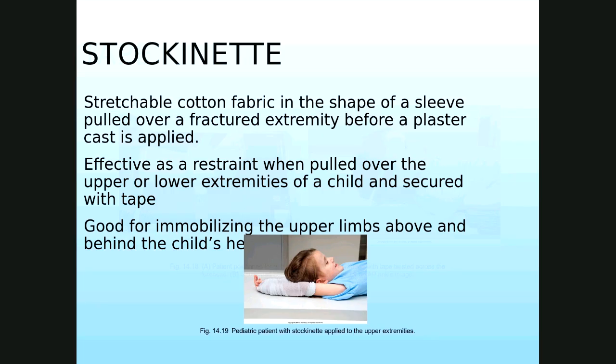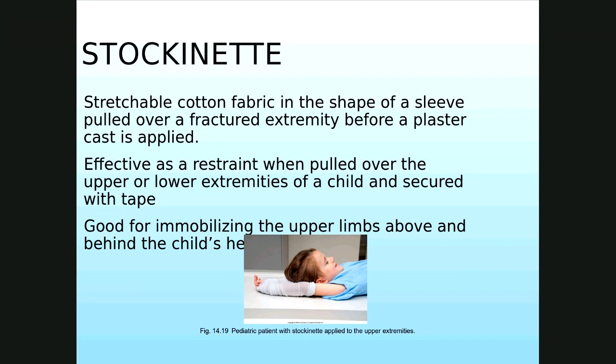On that same page 162, you will see in 14.19 the stockinette. Now this is a stretchable fabric that is shaped like a sleeve that goes over typically a fractured extremity before they apply a plaster cast. So sometimes we have these in the departments.